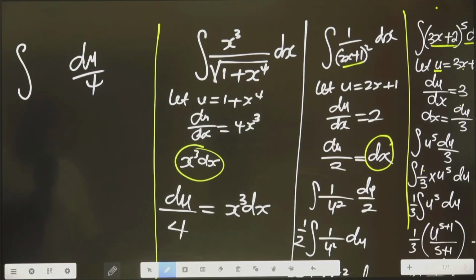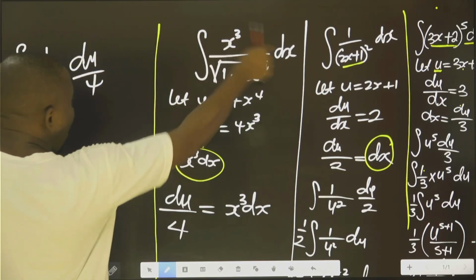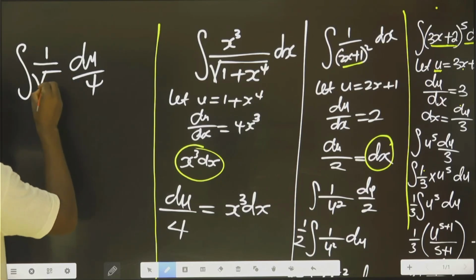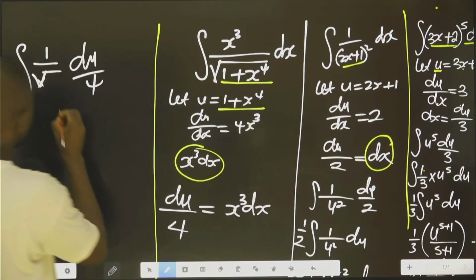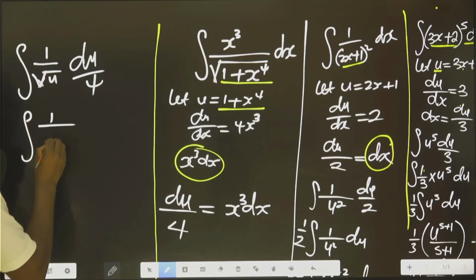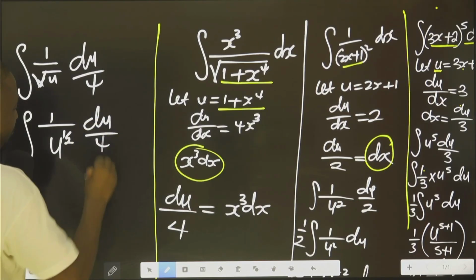Okay? We still have 1 over the square root, and in place of this guy, as you can see, is u. So now, we do like this: 1 over u raised to power 1 over 2, du over 4.